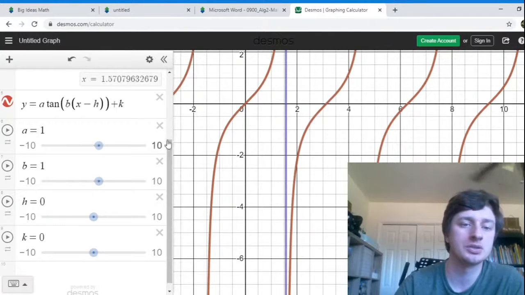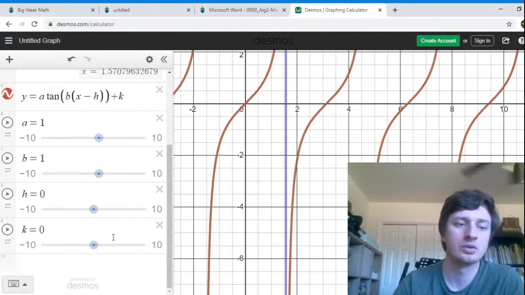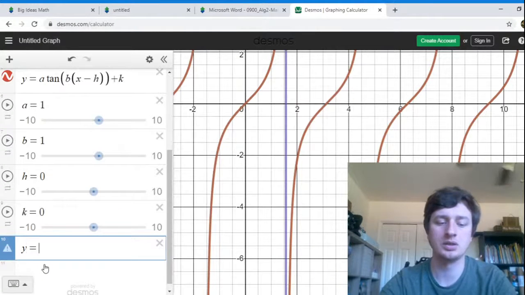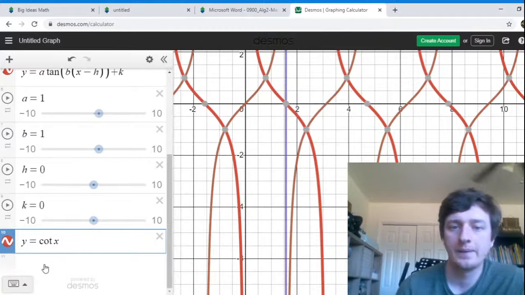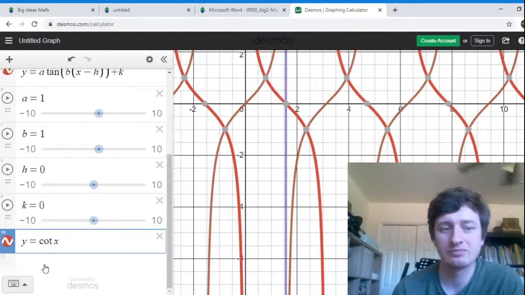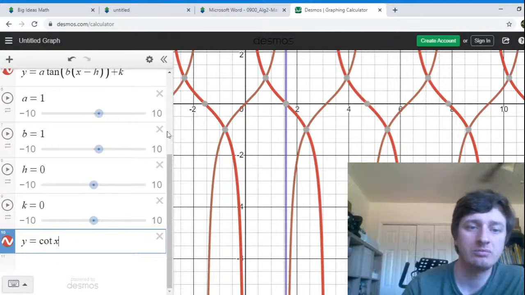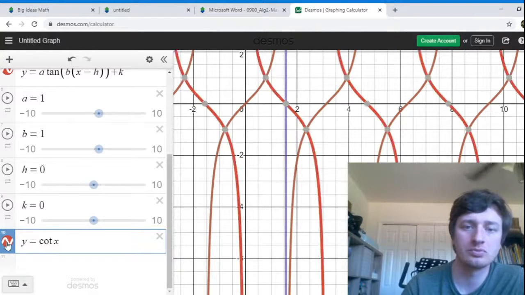Now, tangent goes with cotangent. Y equals cotangent of x. And it's just the same graph flipped over. It's the same function. It's this one, this red one.